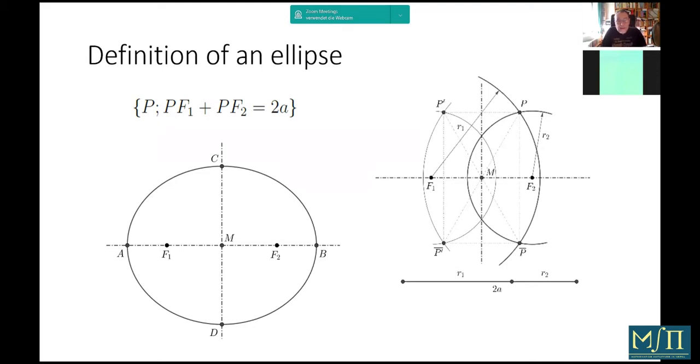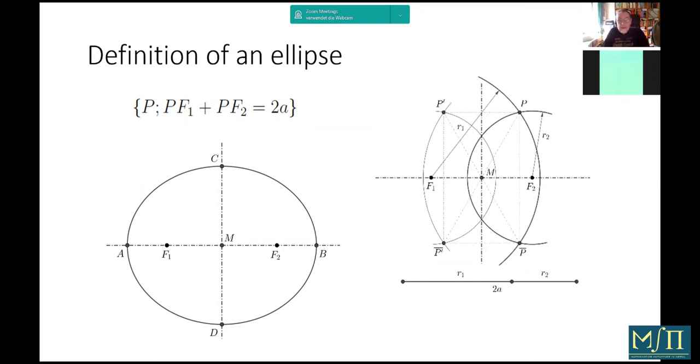And the points of the curve that are on these axes are then the vertices of the curve. It is actually fairly straightforward to determine that the points A and B are found by taking the distance A and drawing a circle with midpoint in M and radius A and intersecting it with the main axis.